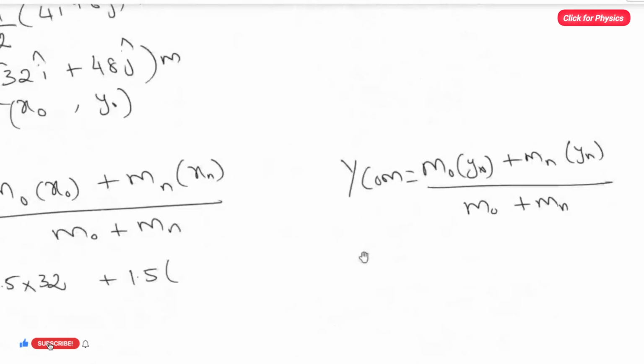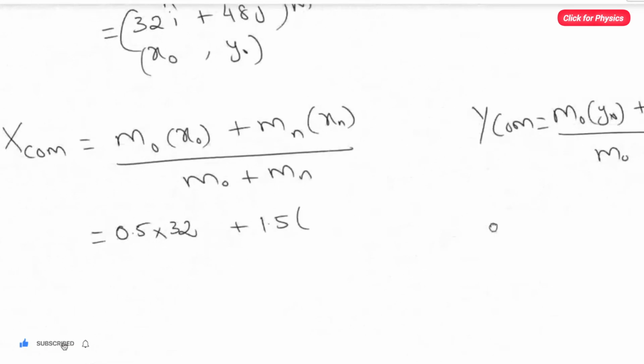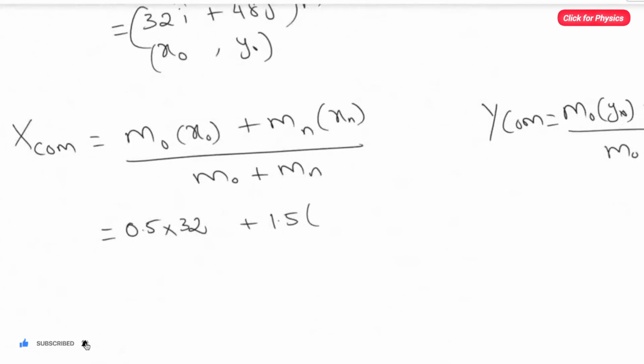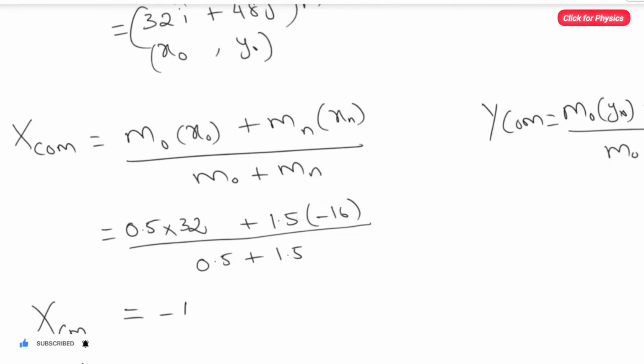Minus 16. All divided by the mass of the olive, 0.5, plus the mass of the Brazil nut, 1.5. When you simplify this, we get the x center of mass, which is minus 4 meter.